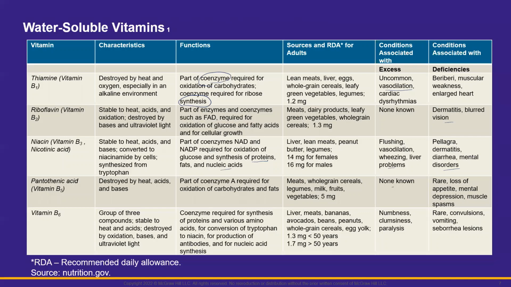Sources: usually liver, meat, banana, avocado, beans, peanuts, whole grain cereal, egg yolk. Around 1.3 milligram per day, or 1.7 milligram per day for older people. Excess of vitamin B6 can cause numbness, clumsiness, and paralysis. Deficiency can cause convulsions, vomiting, and seborrheic lesions.